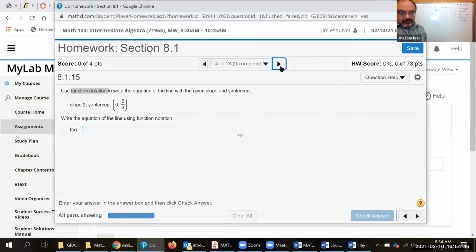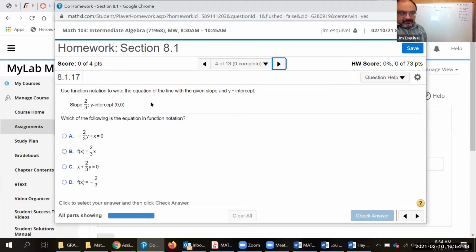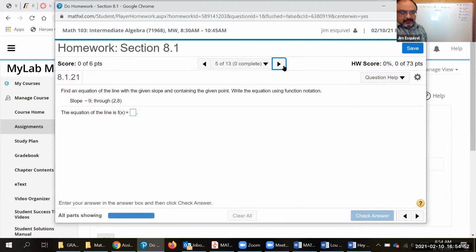And then question 4, use function notation. Okay. And then question 5, find the equation using function notation. And question number 6, using function notation. Question number 7, the equation of the line passes through the 2 points using function notation.